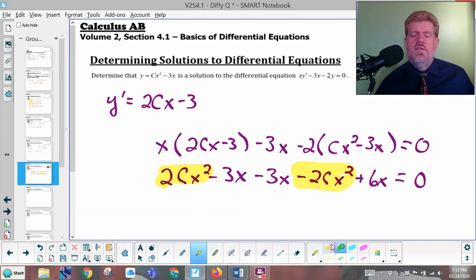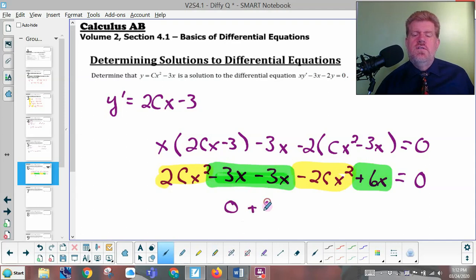And that negative 3x minus 3x plus 6x also becomes 0. So 0 plus 0 equals 0, which is a true statement. So therefore, that is a solution.